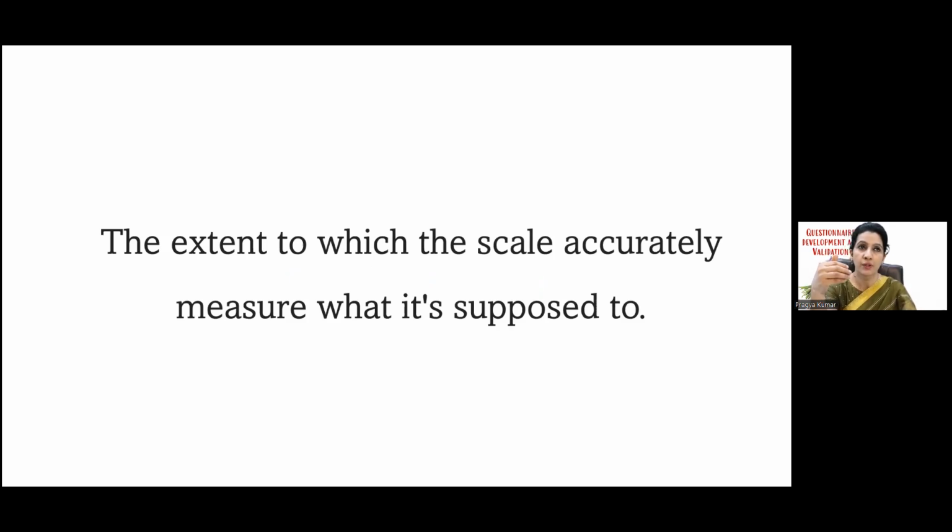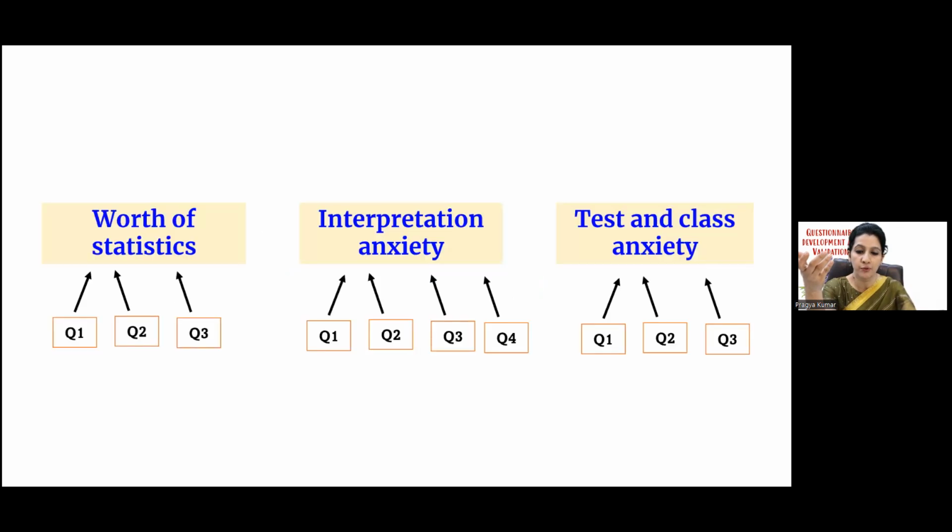So the extent to which the scale accurately measures what it is supposed to measure. Like if there are three components in this STARS questionnaire, worth of statistics, interpretation anxiety, and test and class anxiety. So in this case, this is the convergent validity, because there are two types of construct validity, convergent and discriminant.